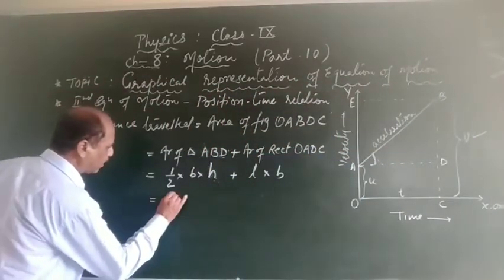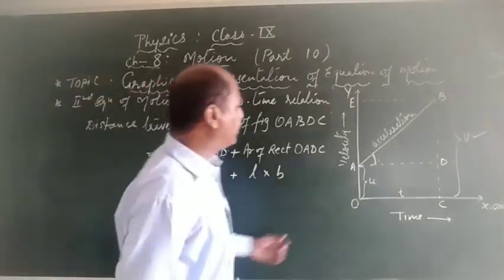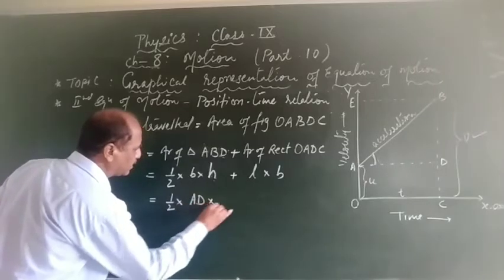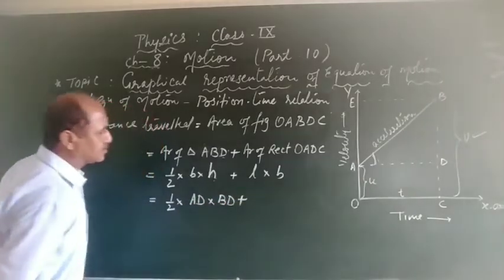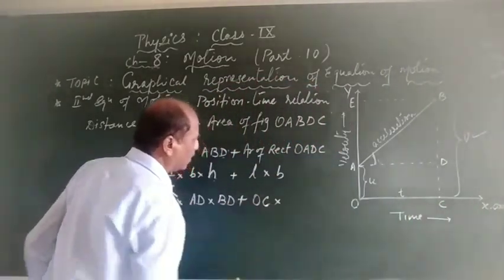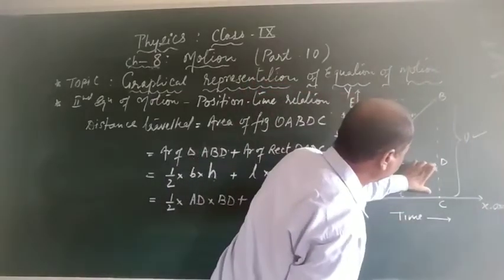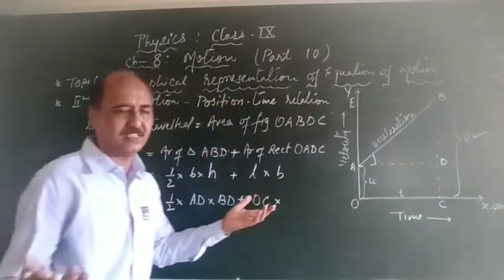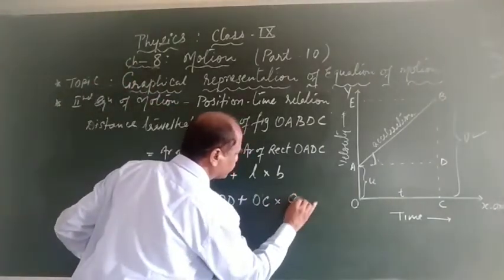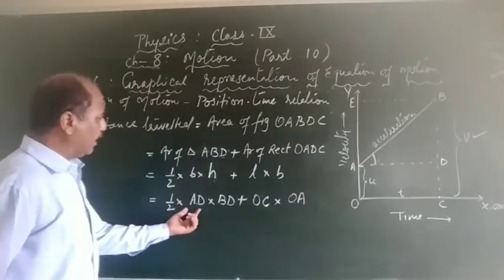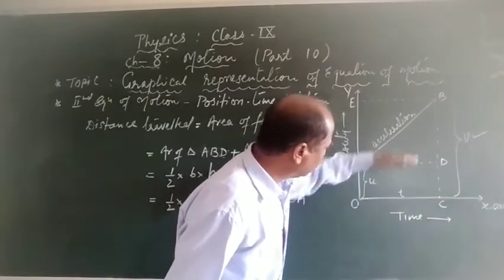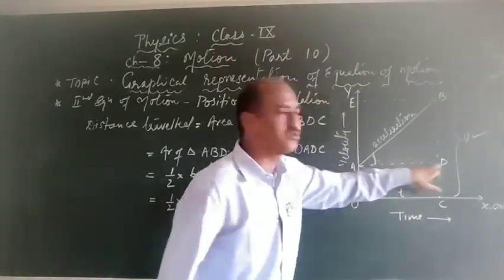So half into base AD into height BD, plus the length OC into the breadth. The breadth can be taken as CD or OA, that is up to us because both are parallel to each other. So we will take OA. Now AD is actually OC because these two are parallel. Since OC is T, AD will also be T.